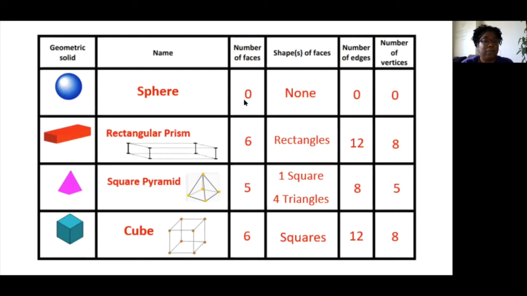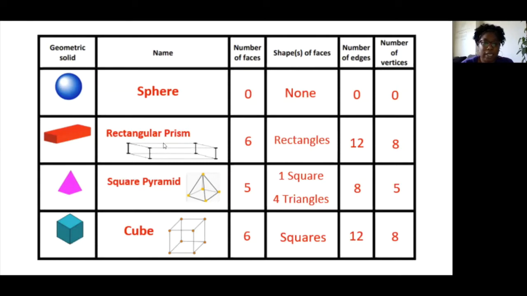Sphere, 0 faces, no shapes of the faces, 0 edges, 0 vertices. What about the rectangular prism? 6 faces, all are rectangles, 12 edges, 8 vertices.